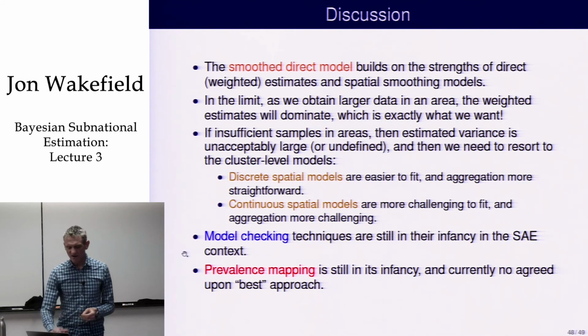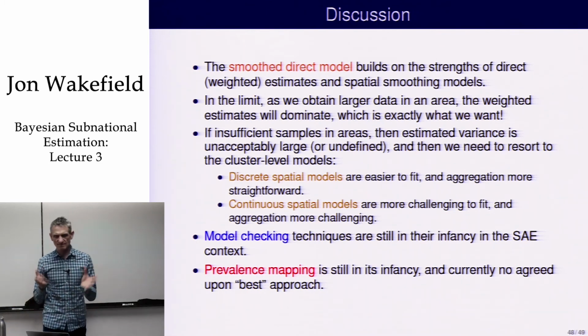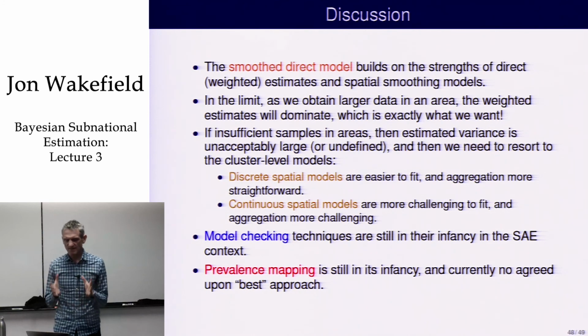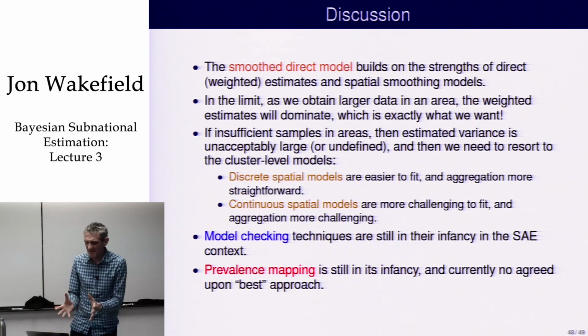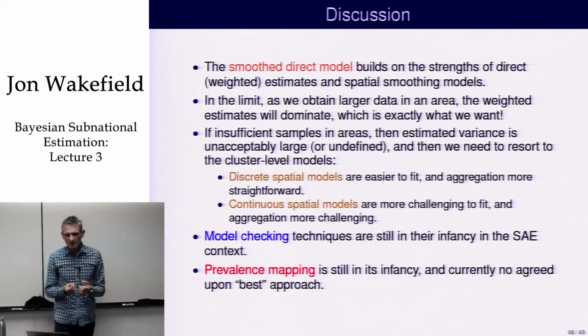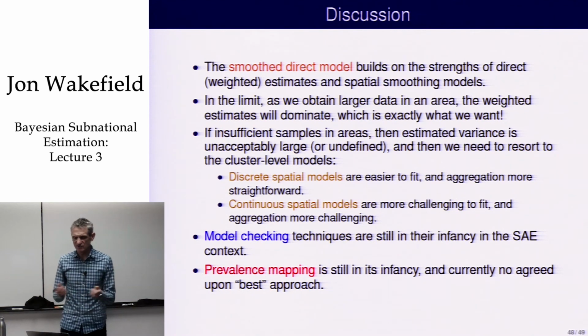Model checking is very important, particularly for these cluster level models we're fitting, and that's really in its infancy. There isn't really an agreed upon set of methods there, or in prevalence mapping in general. In particular, at the cluster level, there are a number of different models currently under development, and so we haven't seen the last word on that at all.